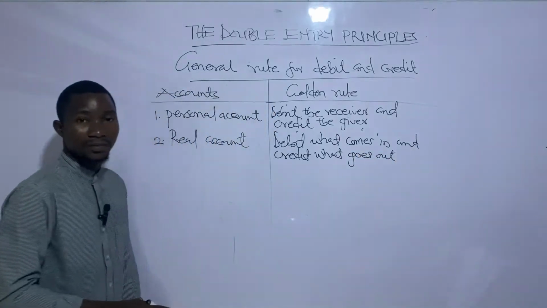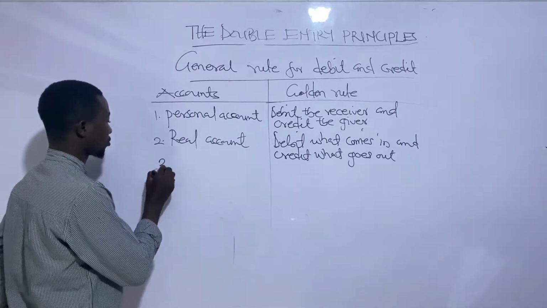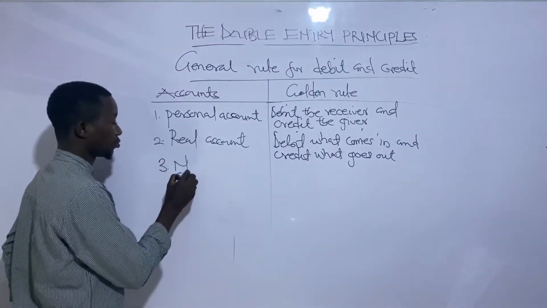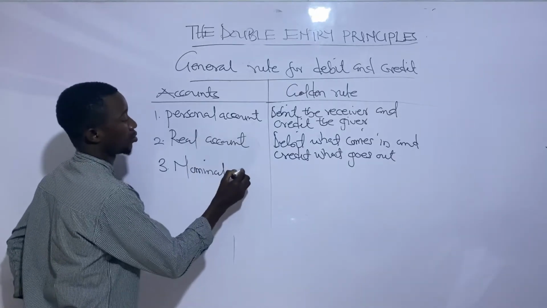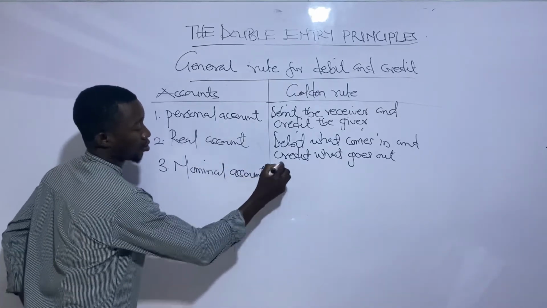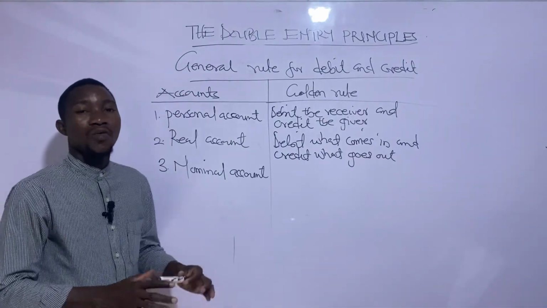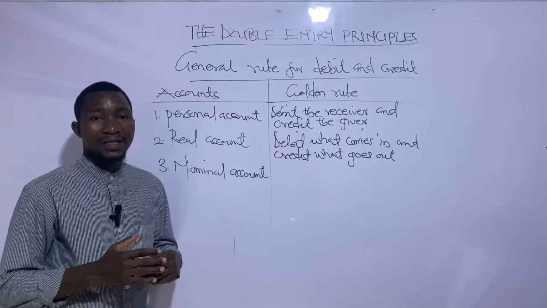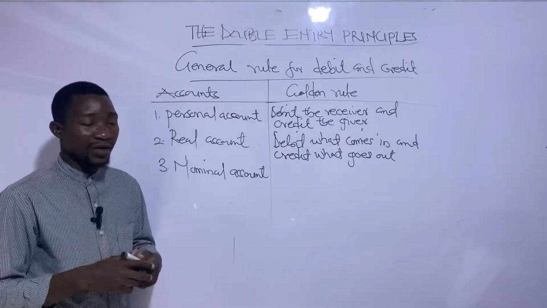Very good. Let's look at that of nominal accounts. The rule for nominal account is that we debit all expenses and losses, then we credit all gains and revenue.